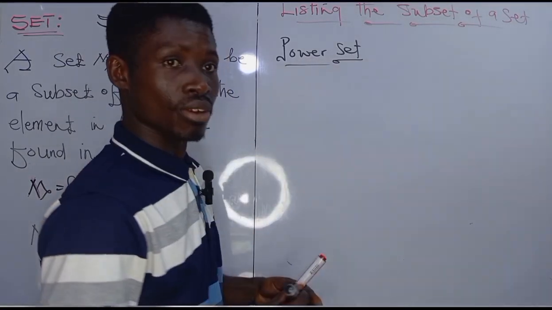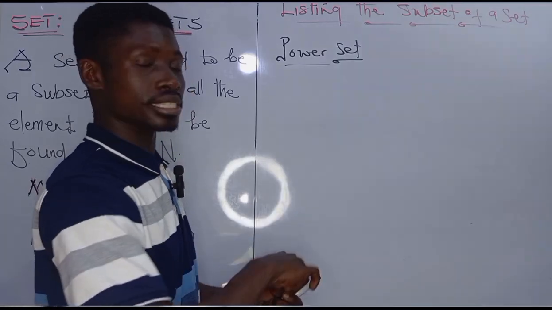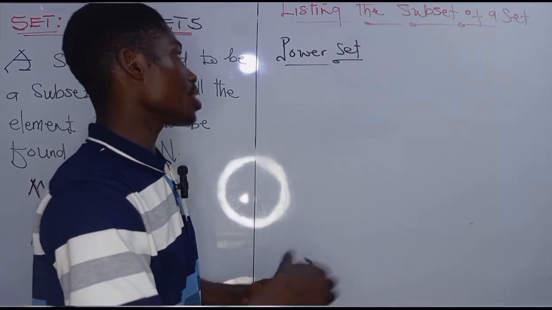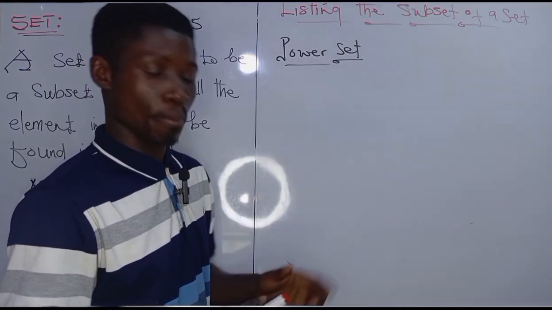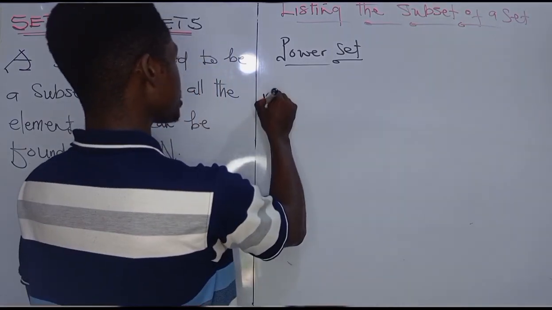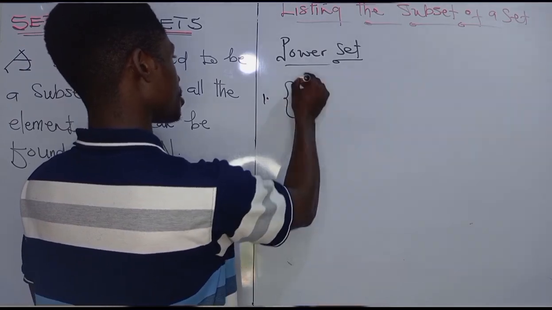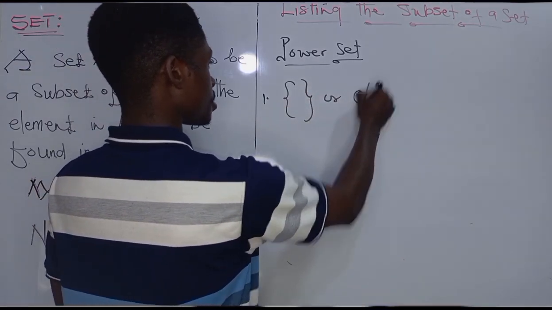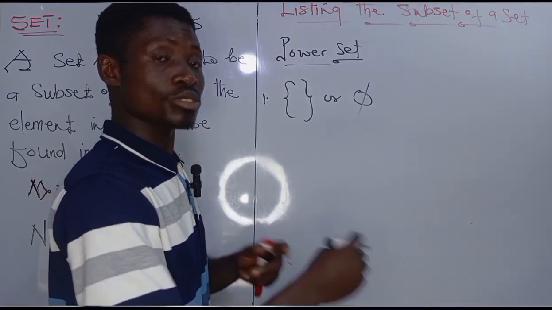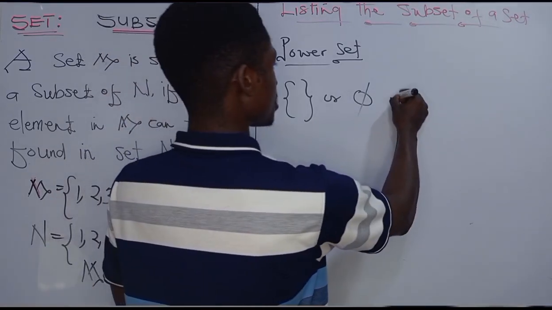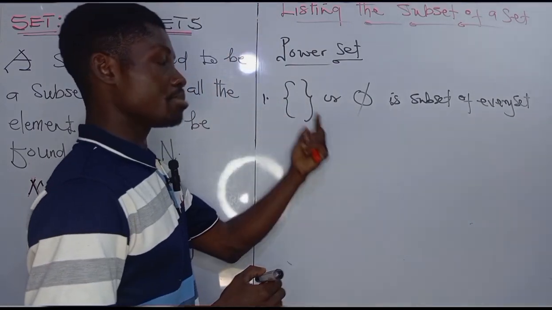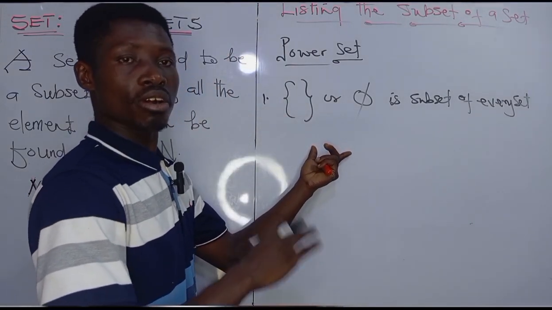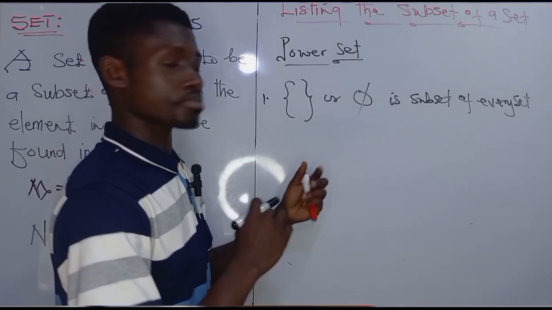Now, one key thing that you have to take note of when listing the power set of a given set, or when you are listing the subsets of a given set, note these things down. One, the null set is a subset of every set. The null or the empty set is a subset of every set.